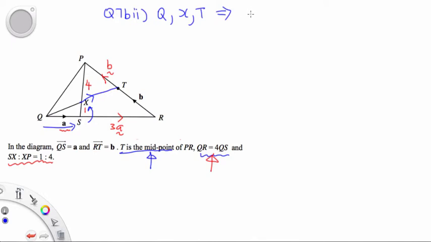You can either prove that QX equals to K XT, or QX equals to K QT.